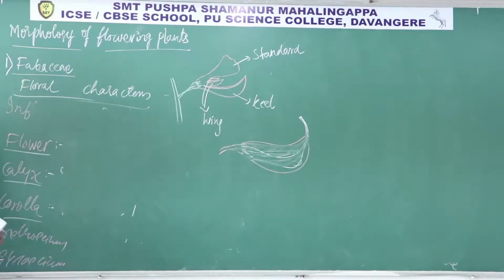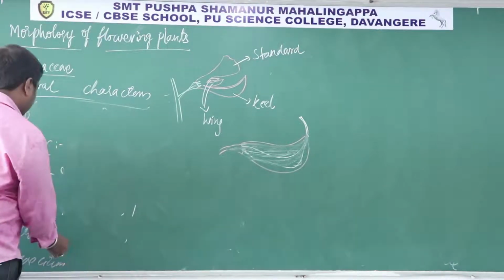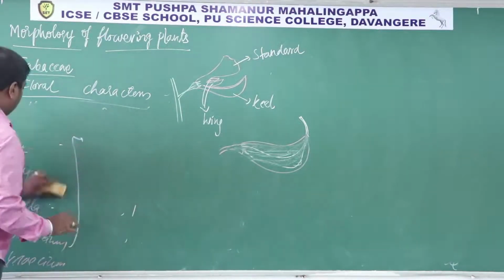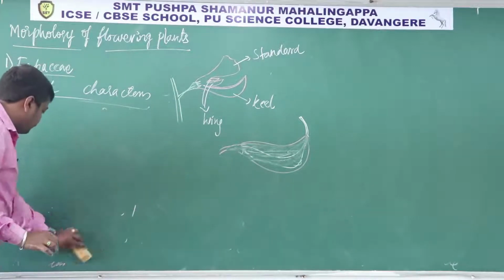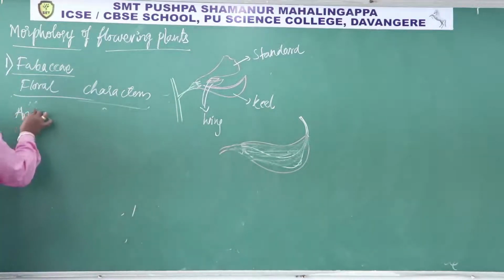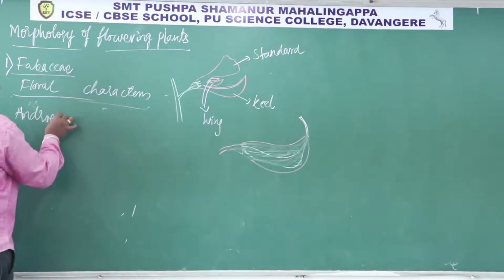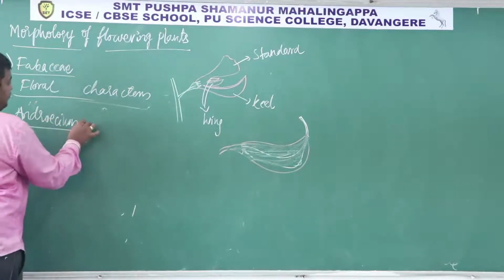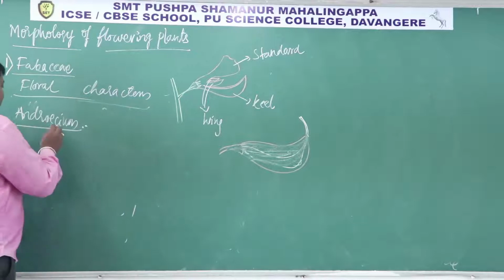Okay. Yeah, so next come to the androecium character. So let me write androecium. Here, androecium is a number of stamens.